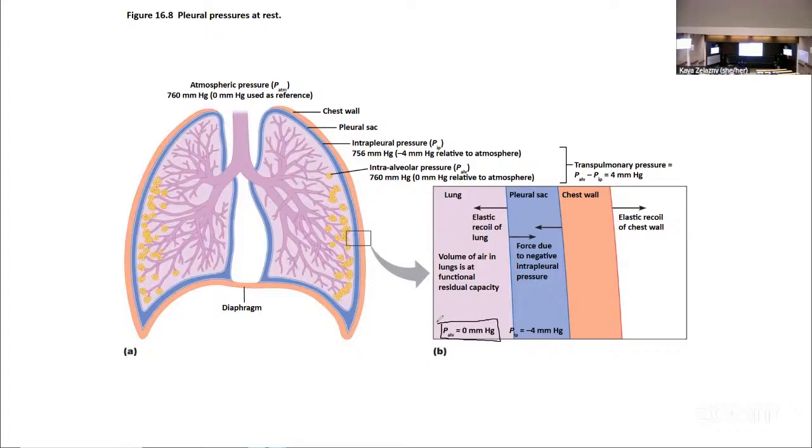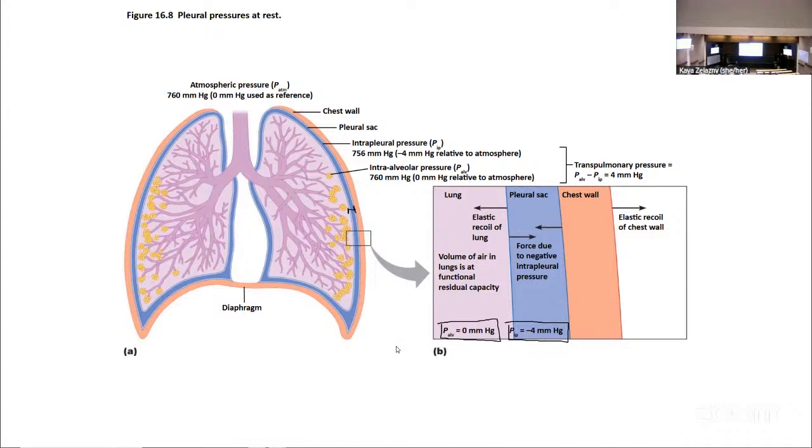But 0 means we're at equilibrium with the environment around us, right? So we're not breathing in or out. We've got a resting phase here. So our atmospheric pressure would be 0 at this point, but we do have another pressure. That intrapleural pressure here we can see is -4, keeping those lungs right next to our chest wall here.